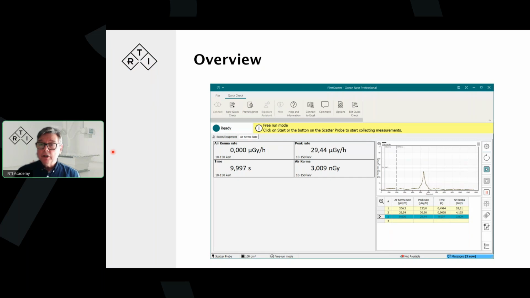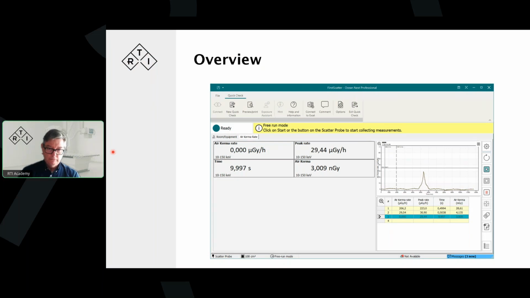And then we've got Ms. Patel: for scatter radiation, which detector do we use for free run mode? Either or. It doesn't really matter. It depends on what you want to measure. Typically, when you're doing a survey, a room survey, it would be more practical to use the large one, the 100 square centimeter, because you have a higher sensitivity.